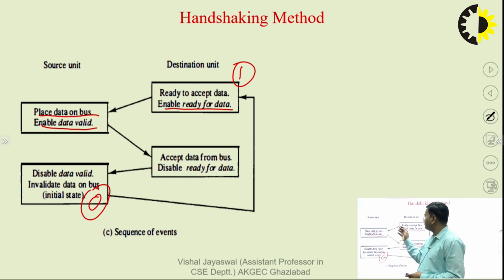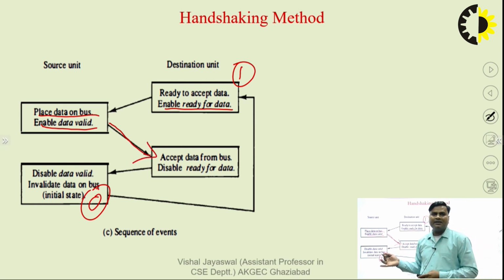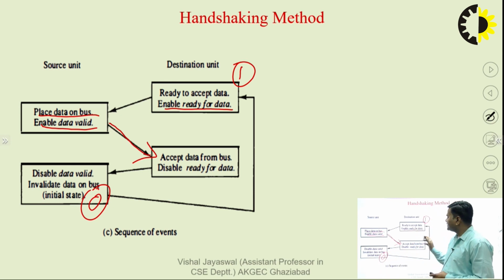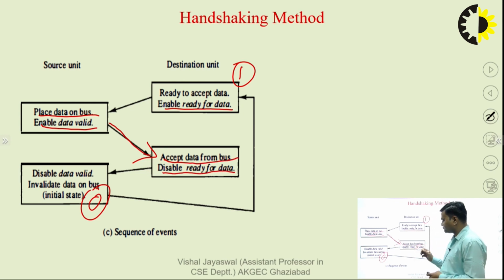After that, the destination sees the data on the data bus and also sees that the data valid line is enabled. Then the destination accepts the data from the bus and disables ready for data.